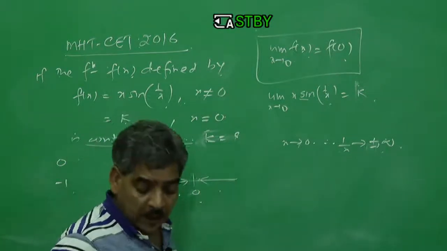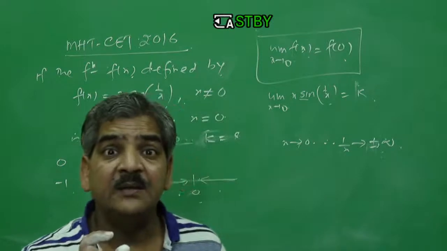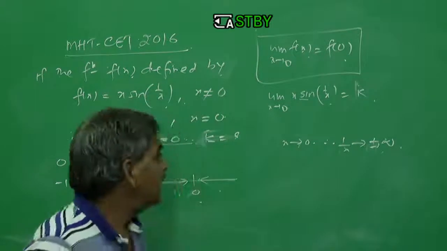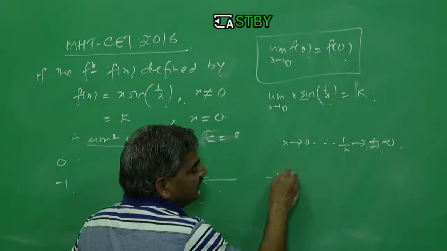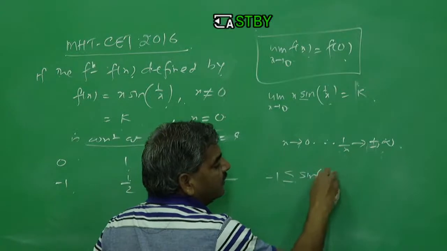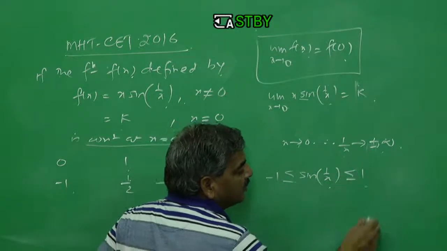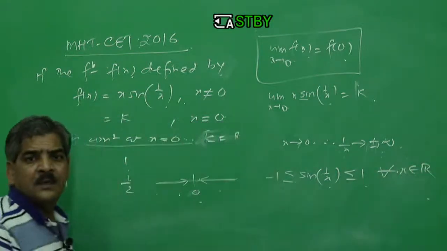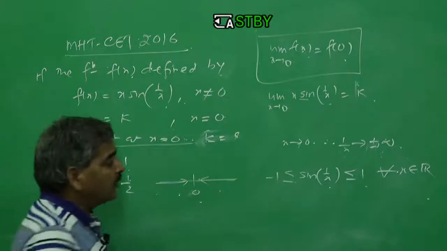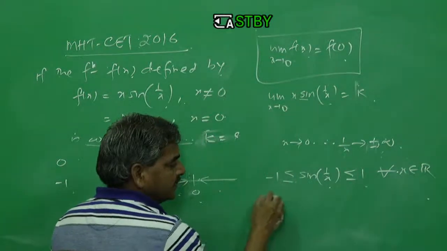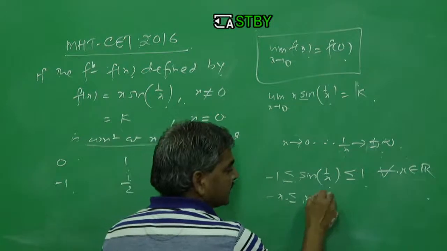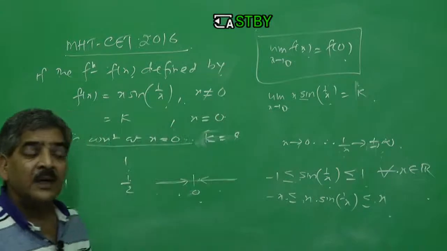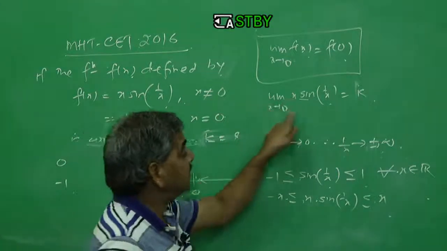Now what happens? You know the value of sine of theta lies between -1 and 1. What does this mean? -1 is less than or equal to sine of 1 by x is less than or equal to 1 for all x which belongs to R. It is correct. Now multiply by x on each side. Minus x is less than or equal to x sine of 1 by x is less than or equal to x. Now take the limit as x tends to 0.